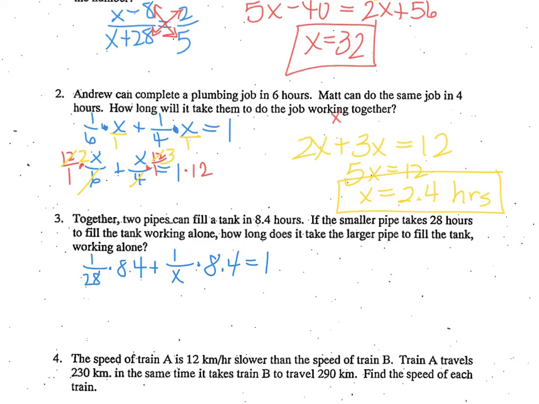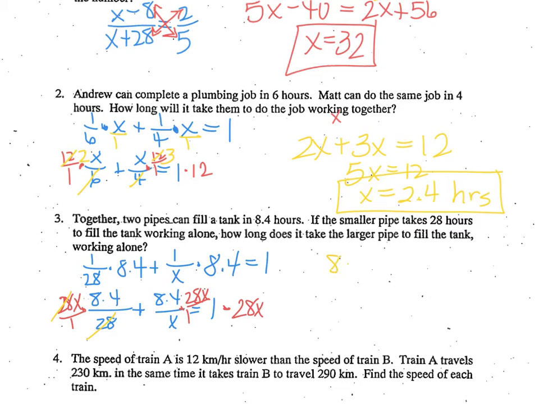Just like up in number 2, you multiply these fractions, you get 8.4 over 28 plus 8.4 over x equals 1. And an easy way to clear out the denominators is to multiply by the common denominator, which is 28 times x. I'm going to multiply everything by 28x over 1. 28 and 28 cancel.